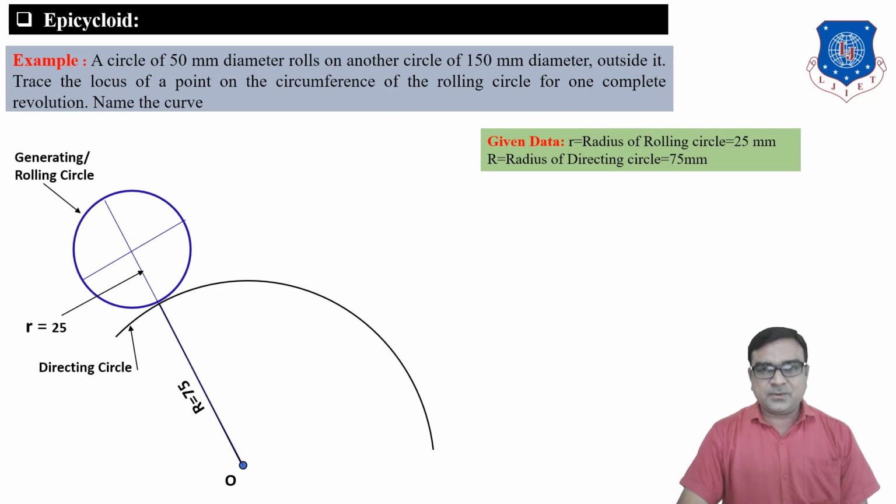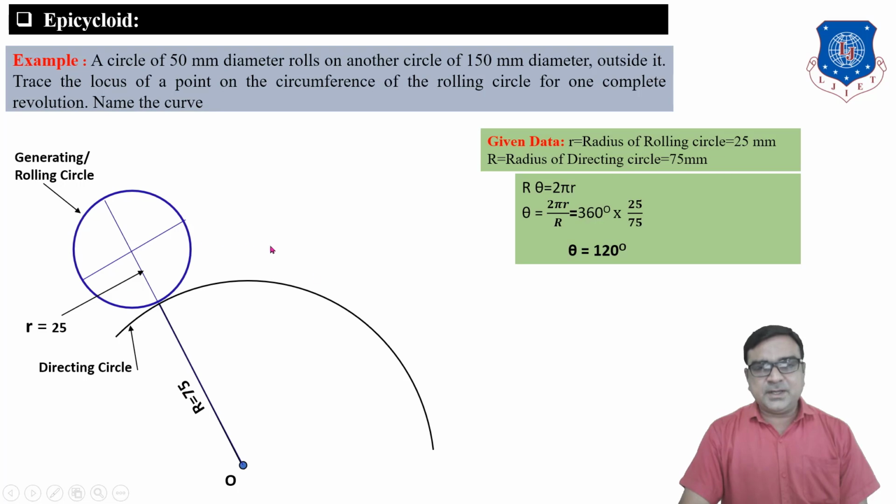Here the radius of the rolling circle is 25 mm. So the two circles will contact at one point. This is the starting position of our rolling circle. We want to roll this circle in a clockwise direction. We have to go up to one complete revolution.